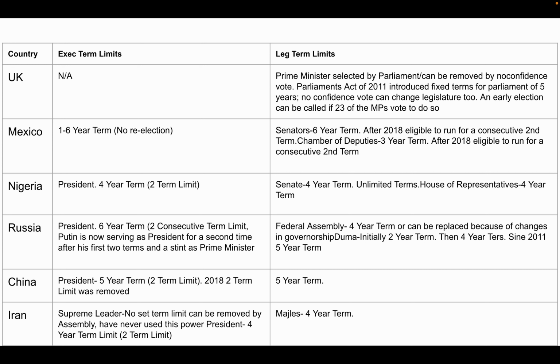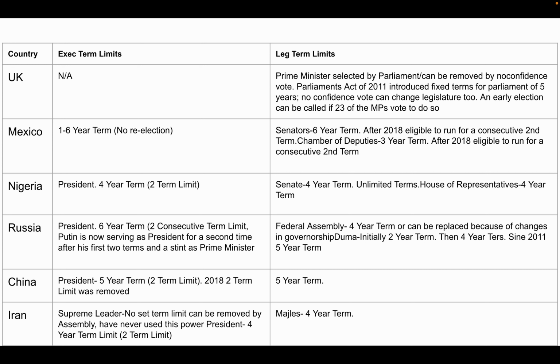In Nigeria, the president serves a 4-year term with a limit of 2 terms. And in the legislature, senators serve 4-year terms, and there are unlimited terms. And then members of the House of Representatives serve a 4-year term. In Russia, the president serves a 6-year term.